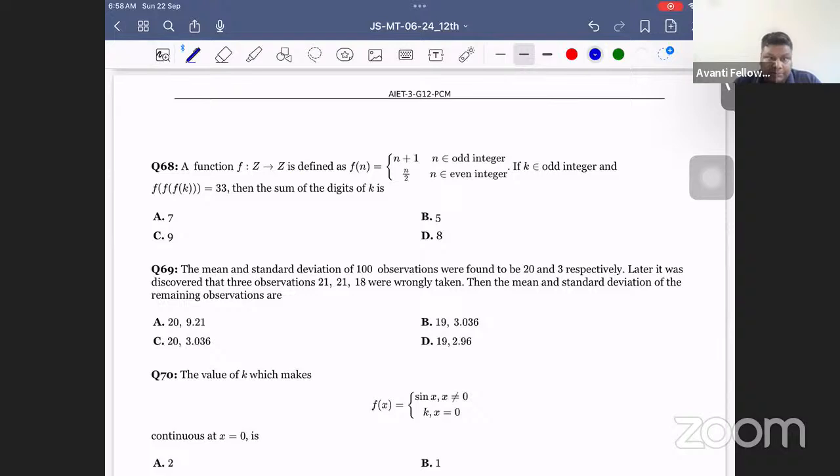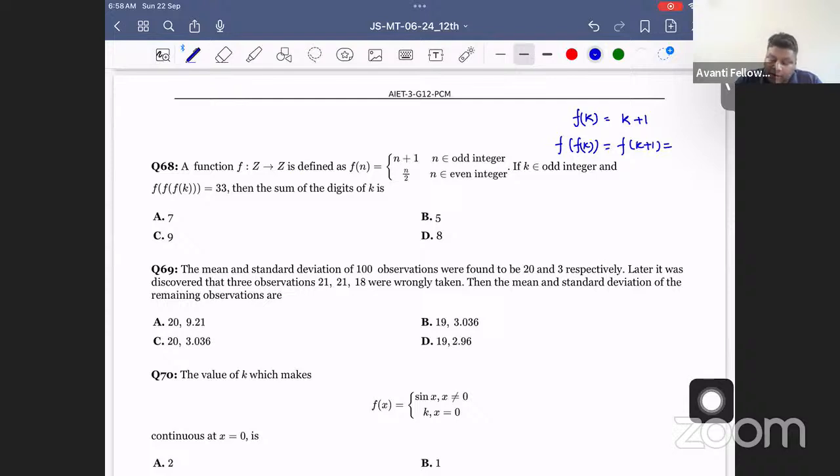Now see, f of k, since k is an odd integer, this result will be k plus 1. Now, this f of f of k will be f of k plus 1.